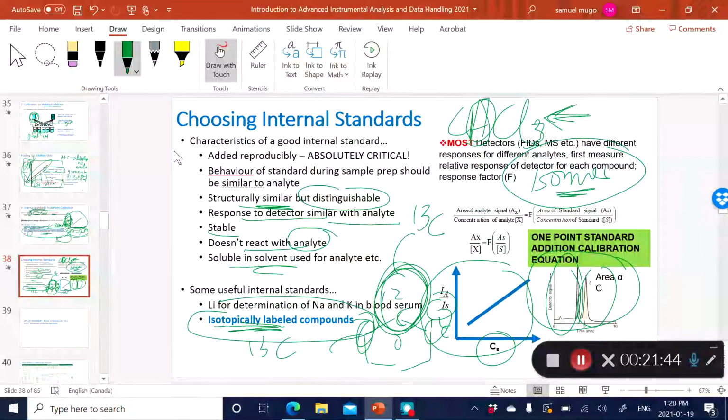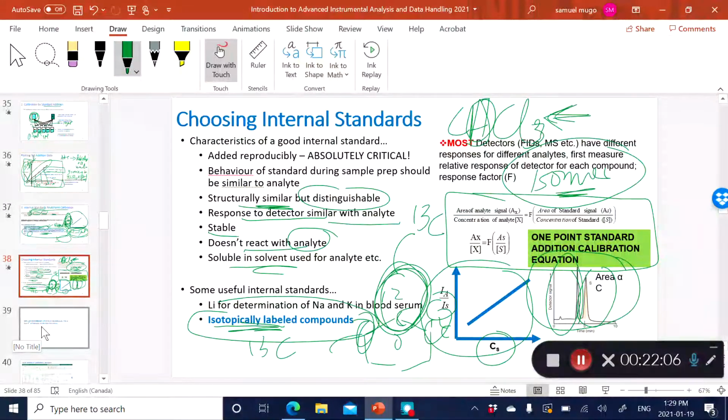Those of you who did Chem 211 are familiar with this relationship, which explains the idea of the 1-point calibration for the internal standard method.